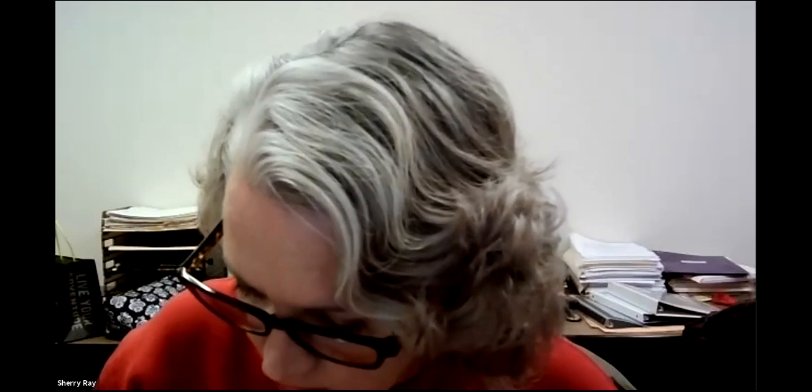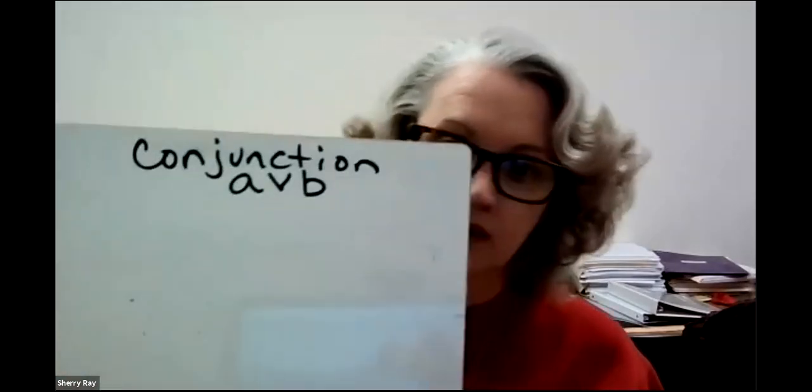So we have something called, we have conjunctions and we have disjunctions. A conjunction is an or statement, A or B, okay?